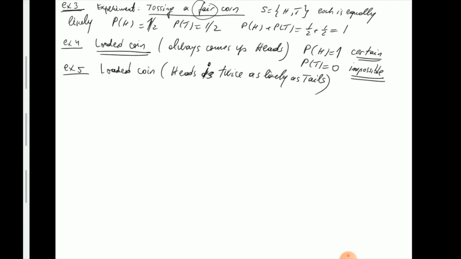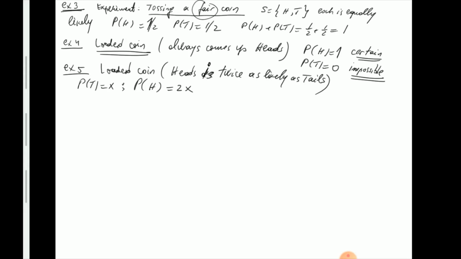Let's pretend we don't know exactly. If heads is twice as likely, let's say the probability of tails is x, and the probability of heads then is 2 times x. All we know about the experiment is that heads is twice as likely to come up than tails.